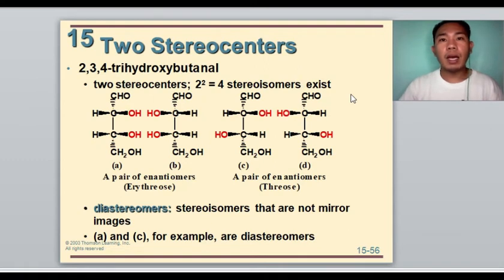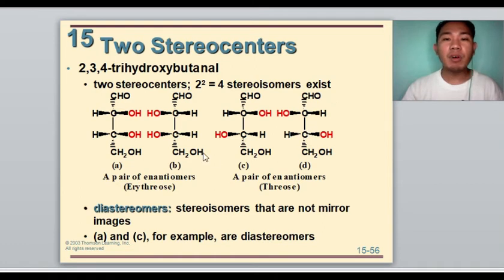We begin our study of molecules with 2 stereocenters by considering the 2,3,4-trihydroxybutanal, with 2 stereocenters. That means it has 4 stereoisomers existing.